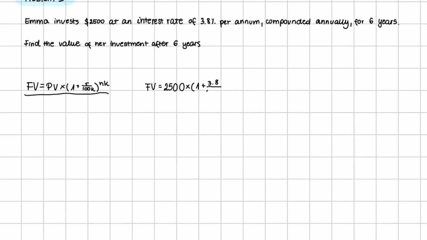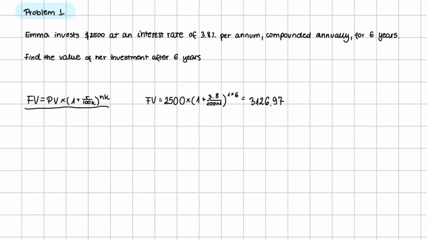Below we have 100 times 1, because K is compounding periods and we have compounded annually, so once a year, so we have 1. And here we have also 1 times n, and n is 6 because we have 6 years, and we have to calculate it. And our final answer is 3,126.97, and also unit dollars.